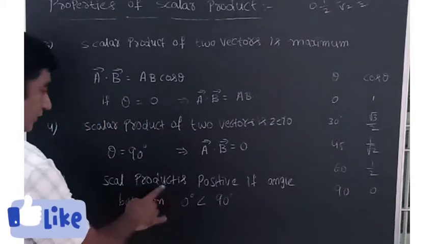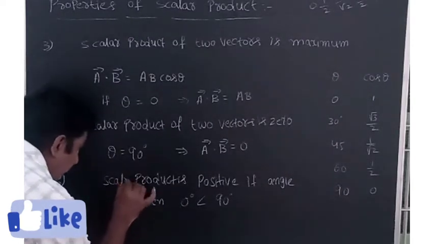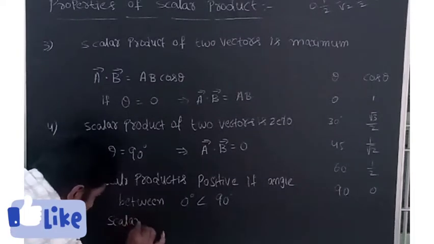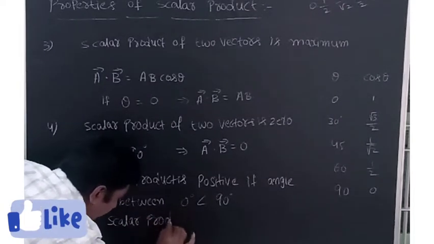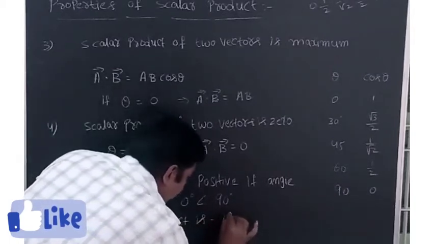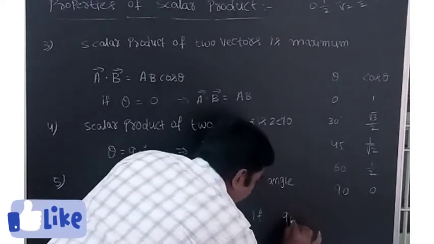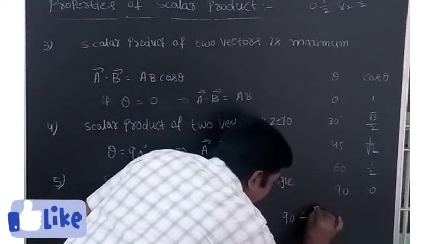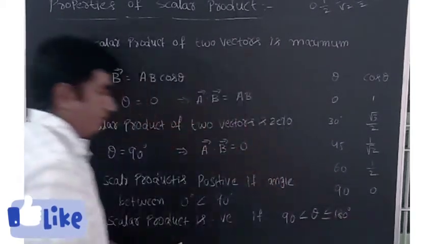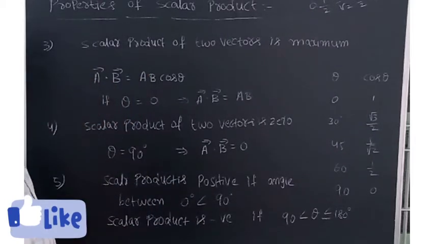In this case, the scalar product will be positive. In the same way, scalar product is negative if the angle between them is greater than 90 and less than or equal to 180 degrees. In such a case, we are going to get the scalar product as negative.